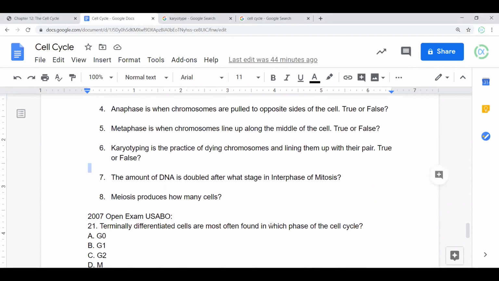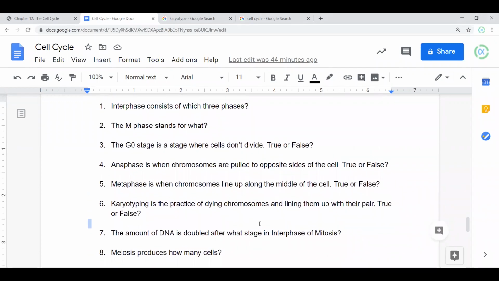Next question. Karyotype is the practice of dyeing chromosomes and lining them up with their pair. True or false?